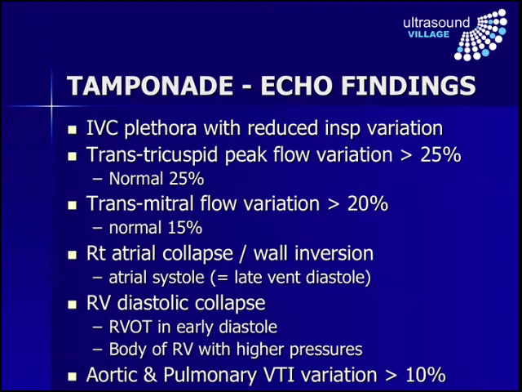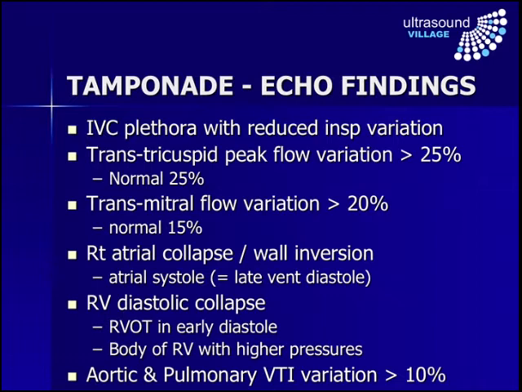We'll see right atrial collapse and with wall inversion. Don't forget the right atrium does constrict during systole, and so moving into the right atrium is normal, but actually inverting is abnormal. And we'll see this during atrial systole or late ventricular diastole. In early diastole, the right ventricle is at its point of lowest pressure, and so it will tend to collapse at that point.